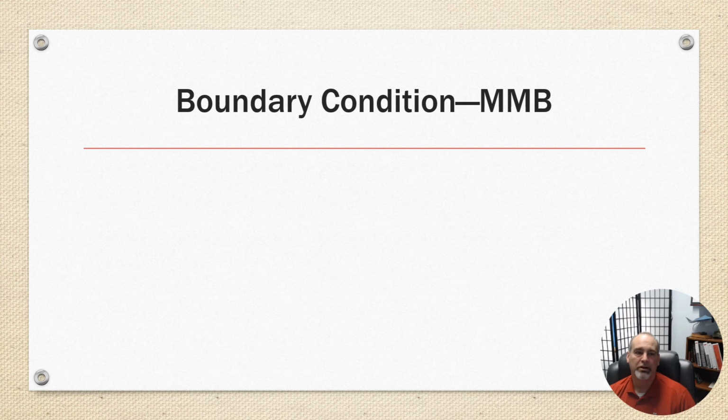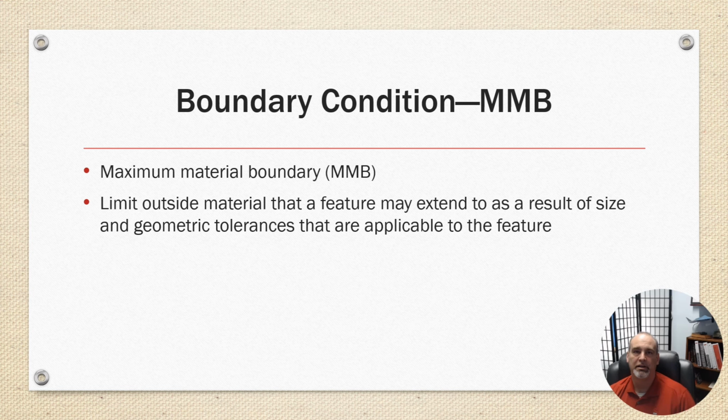Then we have our boundary condition MMB, which is maximum material boundary. It's a limit outside material that a feature may extend to as a result of the size of geometric tolerances that are applicable to the feature, also indicated by the letter M inside a circle on the geometric frame.